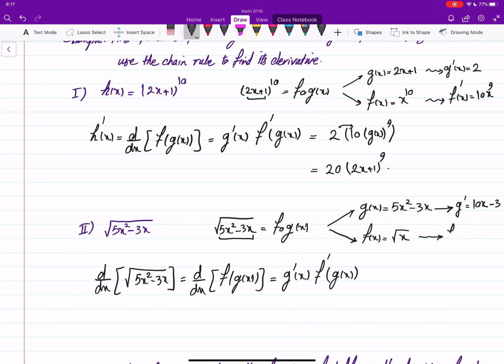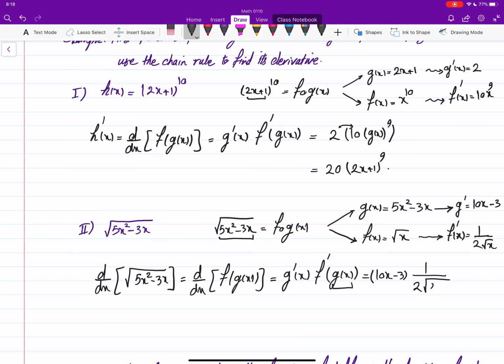How about the derivative of f? Remember, you can use the power rule for this, or just remember the rule that we had. We computed it once and we put it as 1 over 2 root x. Now g prime is 10x minus 3. F prime is this, so it will be 1 over 2 root x. But don't put x there.